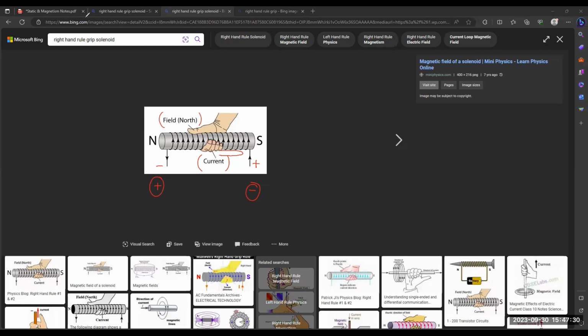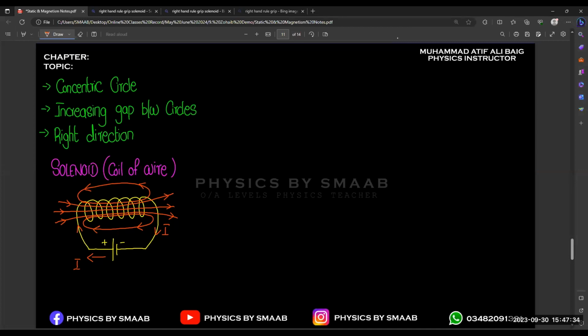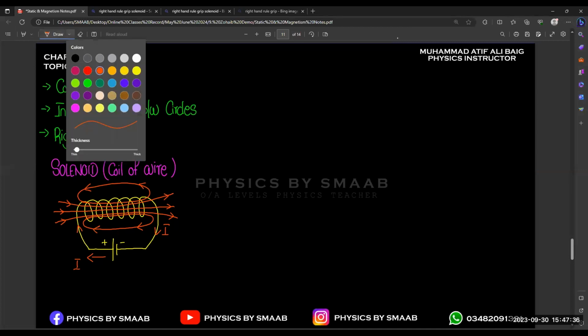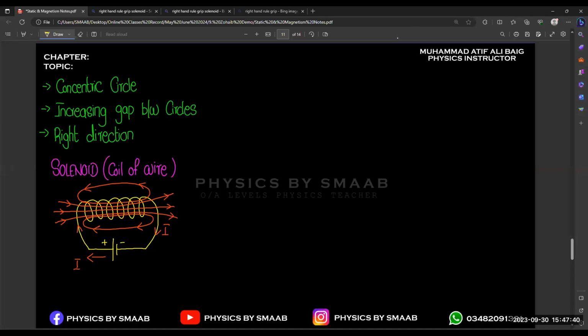Clear? Any confusion? No, sir. So basically, in the case of the solenoid, we are using the same right hand rule, but with different orientation, in the sense that this time we are using our thumb. With the help of the thumb, we can identify the direction of the North Pole only.